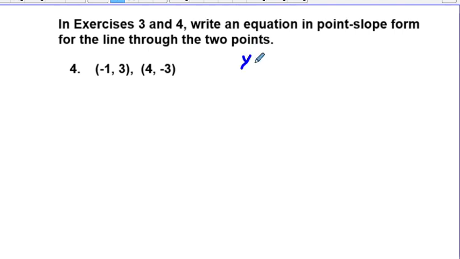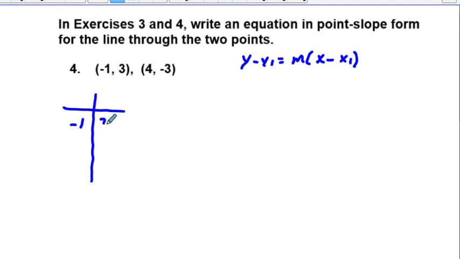y minus y1 equals m times quantity x minus x1. So basically, it's finding a point in the slope, and you already have a point. So the key deal here is finding a slope. And the way I showed finding a slope here is this one here. We go -1, 3, and 4, negative 3.